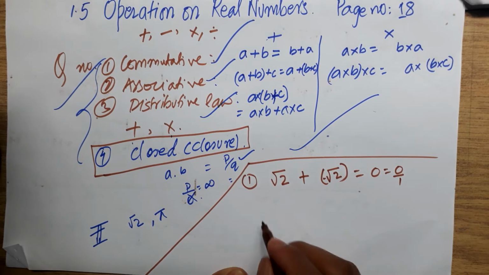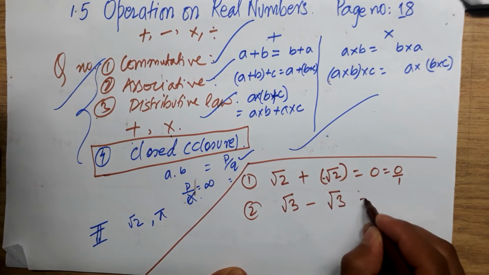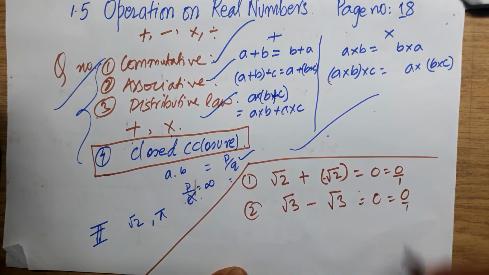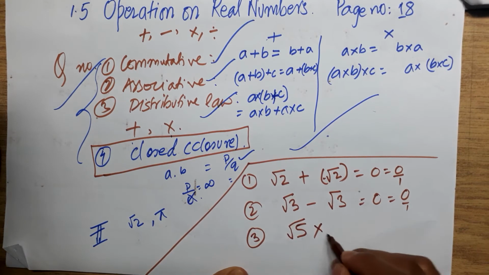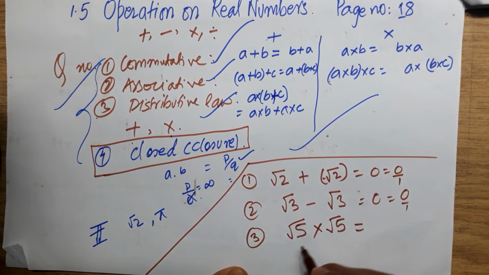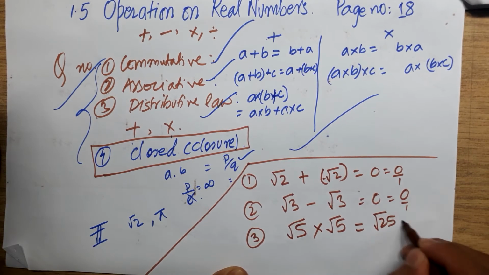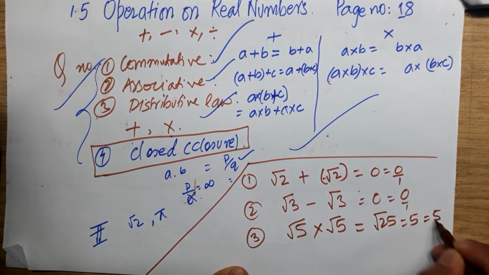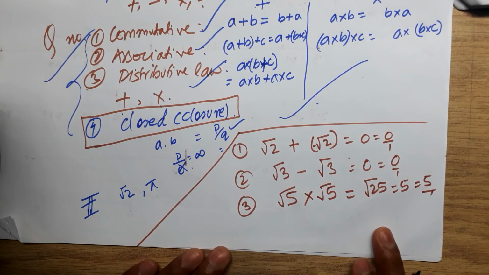Similarly, when we subtract two irrational numbers, again this is not irrational, this is rational. And similarly, when we multiply two irrational numbers, root 5 into root 5 is root 25, root 25 is 5, 5 can be written as 5 by 1, again this is a rational number.